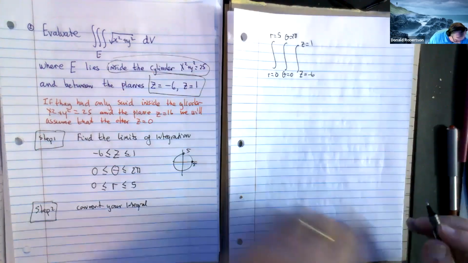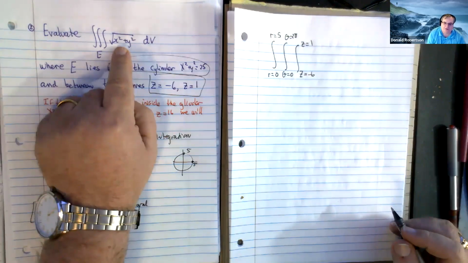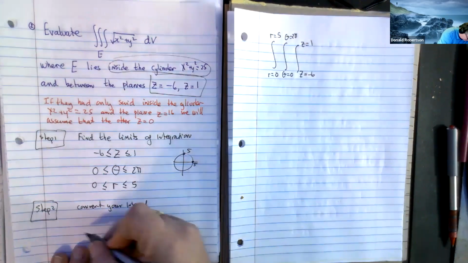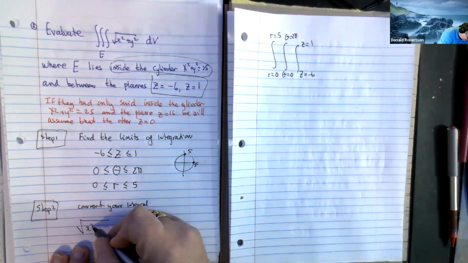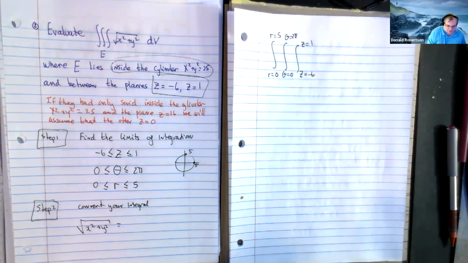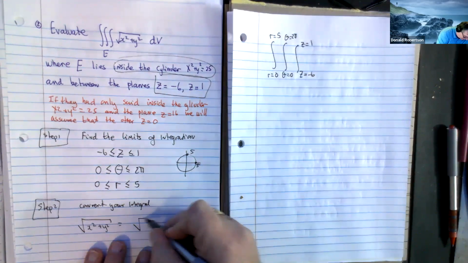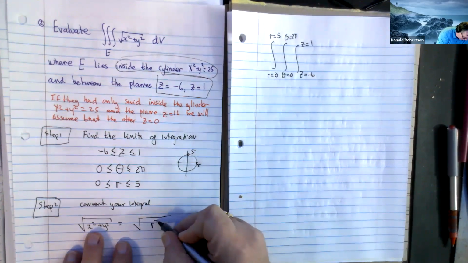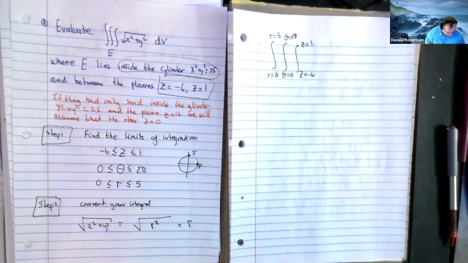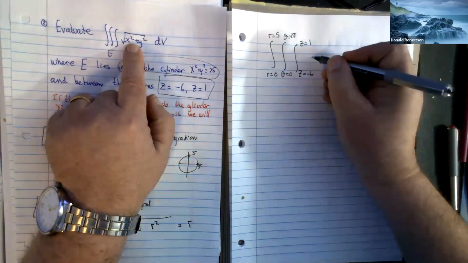That's that bit done. The function that I'm going to convert is the square root of x squared plus y squared. And I'm going to turn that into something that uses r's and thetas. Well, hopefully you recognize that as r squared, and the square root of r squared is r. So that is r.